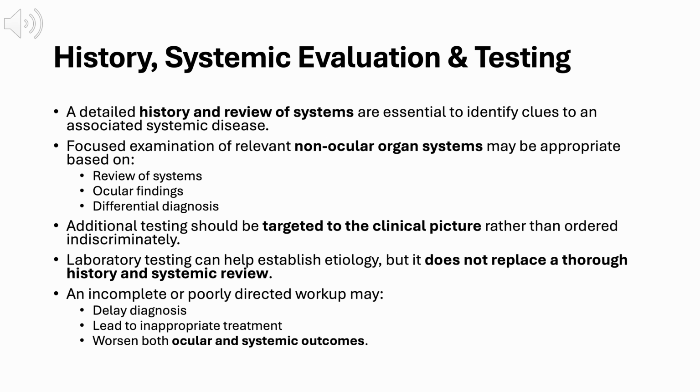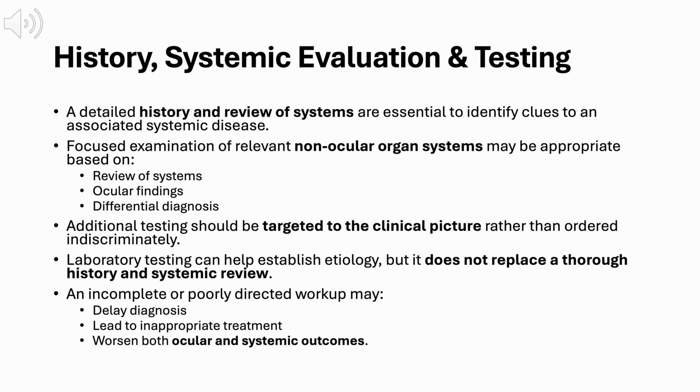This slide drives home the value of history. A detailed history and review of systems are essential for spotting clues to an associated systemic disease. From there, you examine the relevant non-ocular organ systems, guided by the review of systems, the ocular findings, and your differential. Additional testing should be targeted to that clinical picture, not ordered indiscriminately.